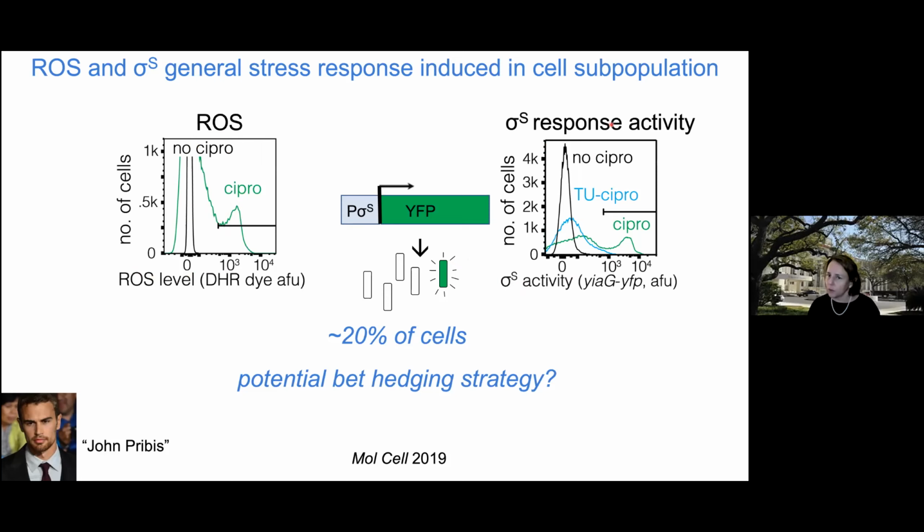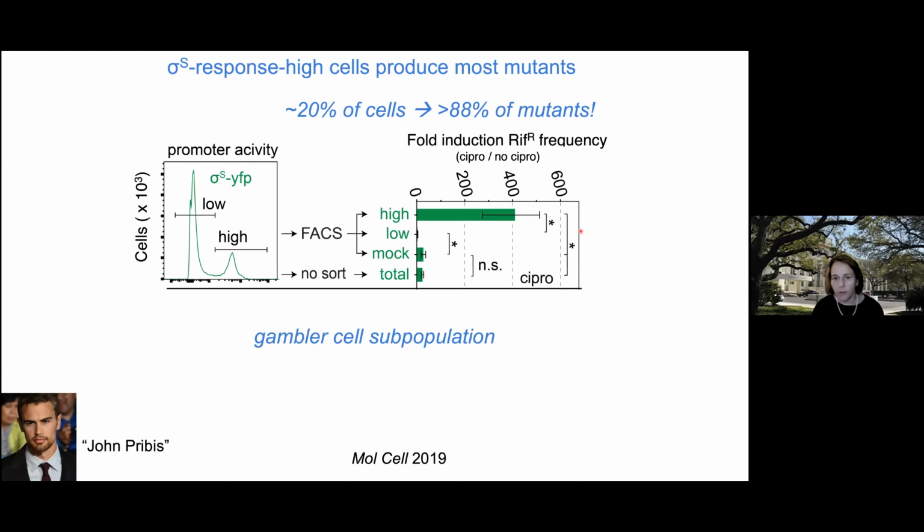And then similarly, for the sigma S response, a subpopulation when he gives cipro, that says some cells are really inducing much more general stress response. And this general stress response is reactive oxygen dependent because it goes away with an oxygen quencher. It's about 20% of all the cells.